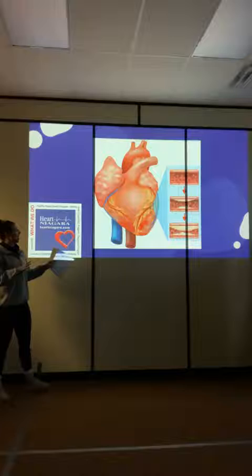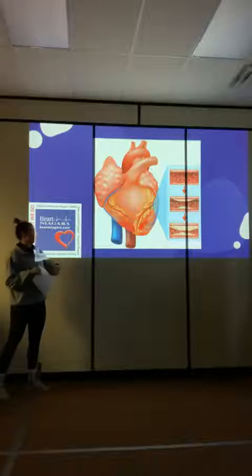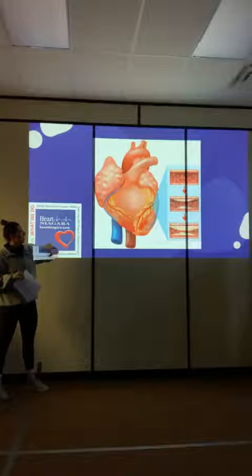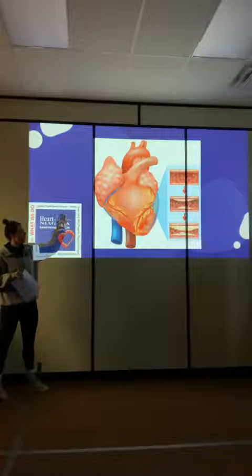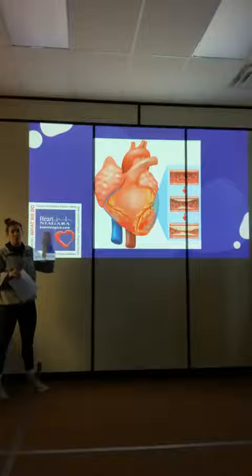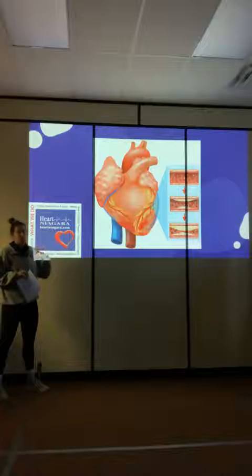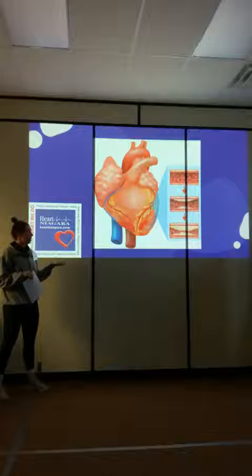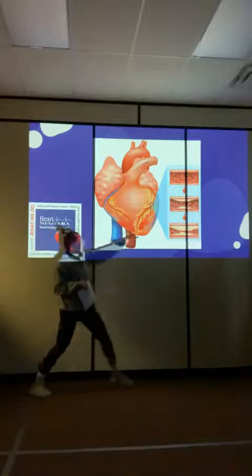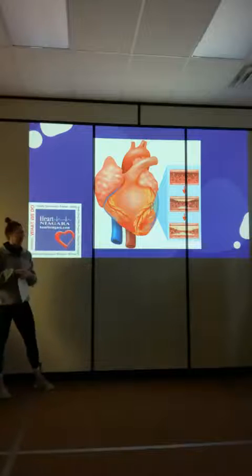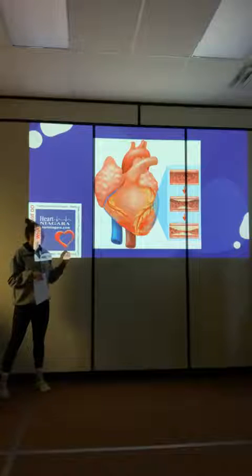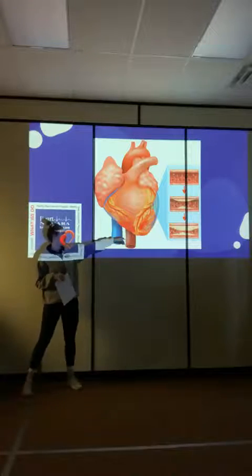Perfect. This is just a picture of a heart. On the top left is a normal artery, with blood being able to flow through. As you build up things like plaque, which is fat in your arteries, the white stuff right there, it makes your artery a lot smaller, so it's harder for the blood to flow through, as we see at the very bottom.